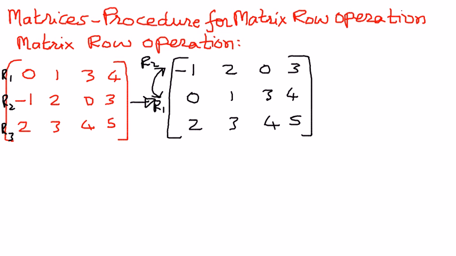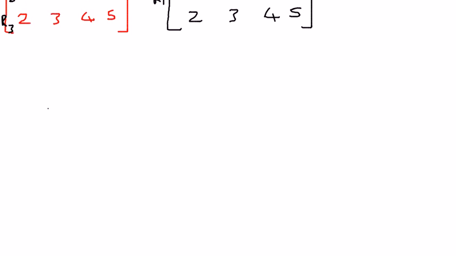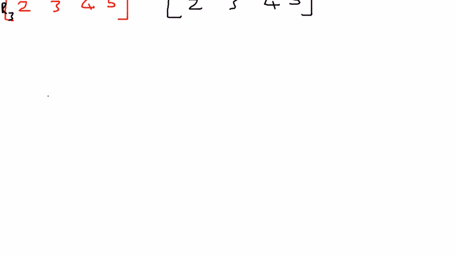rules of matrix operations. So let us say the elements in any row may be multiplied by a non-zero number. So let me demonstrate that property. Let us take an example and then explain that.